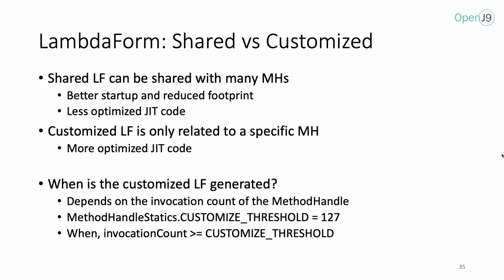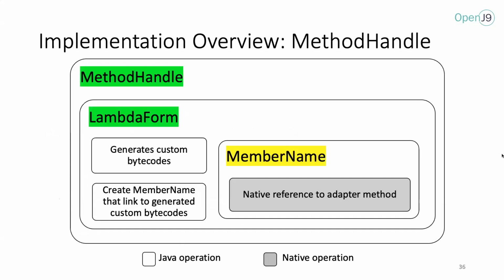So I think this covers LambdaForm. And here again is the high-level implementation overview of a method handle. We covered the LambdaForm: it generates bytecodes, the sharing and customization properties of a LambdaForm, and how a LambdaForm gets executed. And the next important component is MemberName.